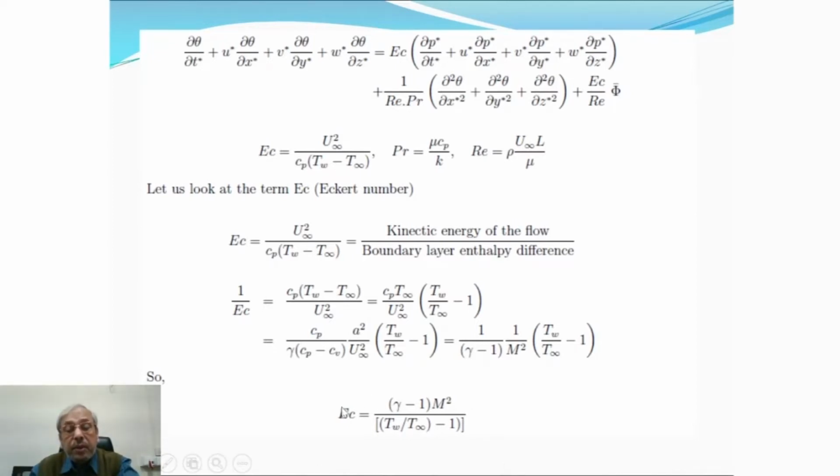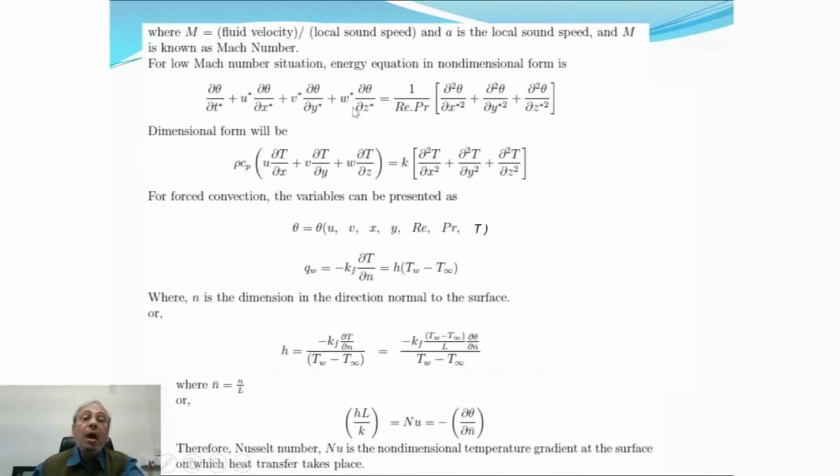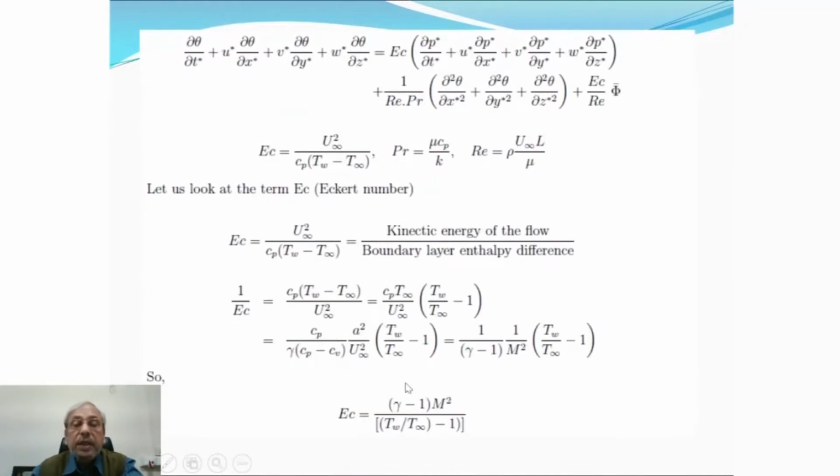Now Eckert number for Mach number less than 0.3 is very low. So we have written that basically for the low Mach number situation, the energy equation. Since Eckert number is becoming very small, we can ignore this term.